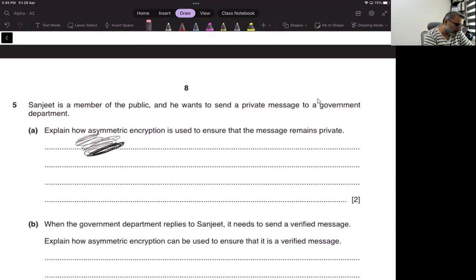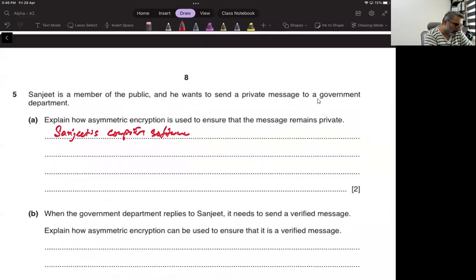So who is sending to whom? Sanjeev is a member of the public and he wants to send the private message to the government. So Sanjeev's computer software encrypts the message using the government's public key.